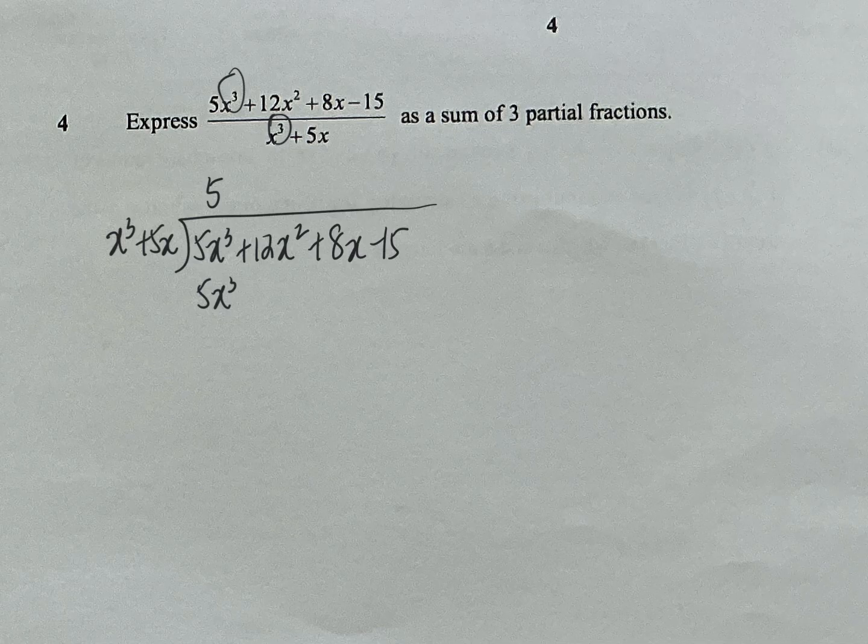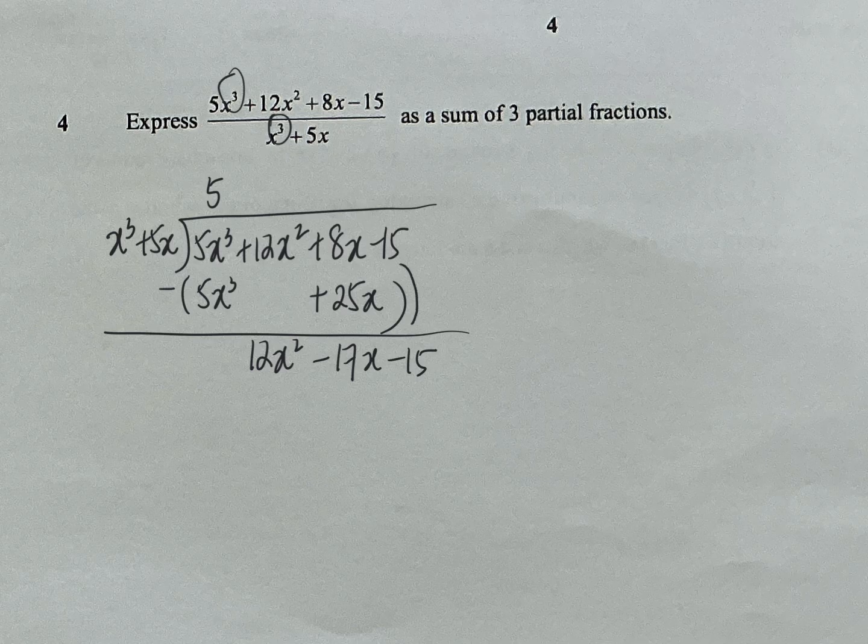So 5x cubed plus 25x. You subtract, left with 12x squared minus 17x minus 15. Some of you forgot to bring the 15 down. Then cannot do already, right? So this is actually equal to 5 whole. And then this is the partial fraction I want to see.